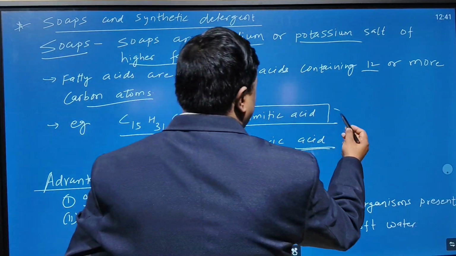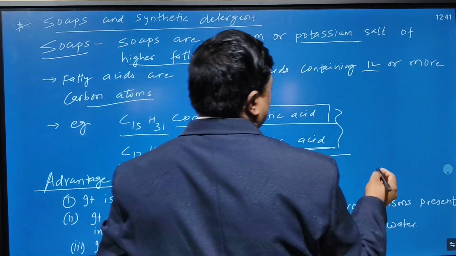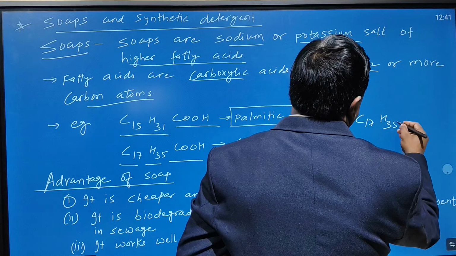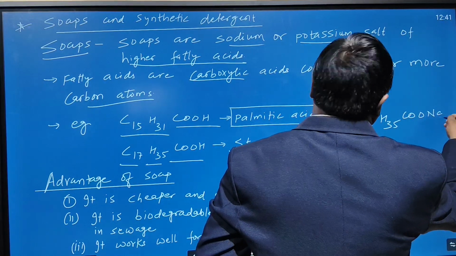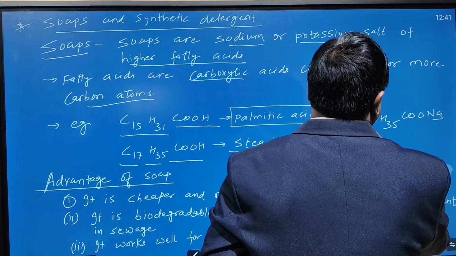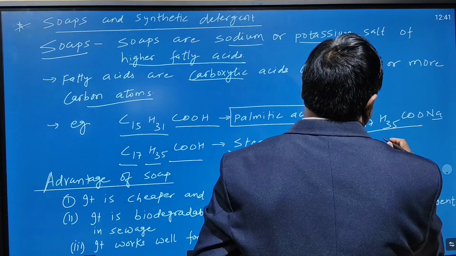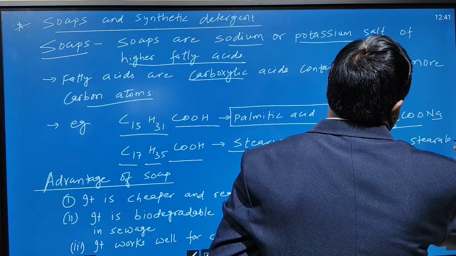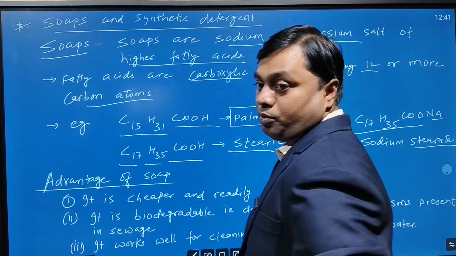You should remember these two. When we talk about the soap formula, C17H35COONa is sodium stearate. This is the formula for soap. Stearate is formed from stearic acid.